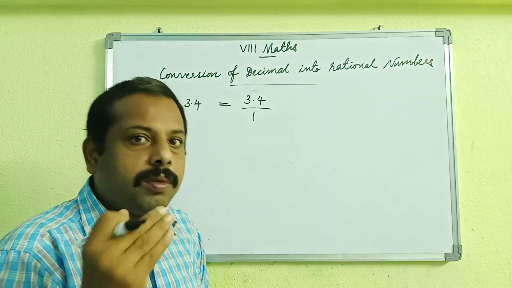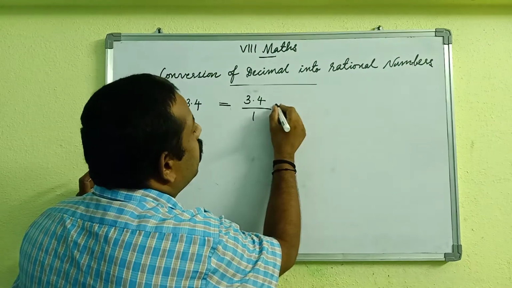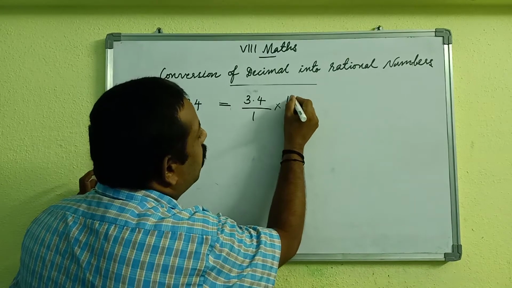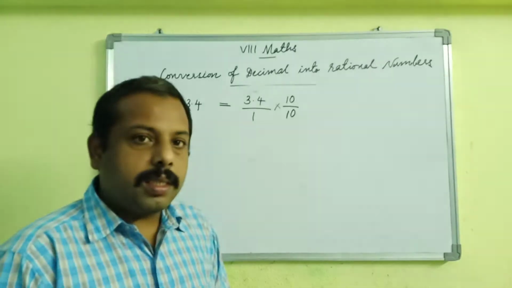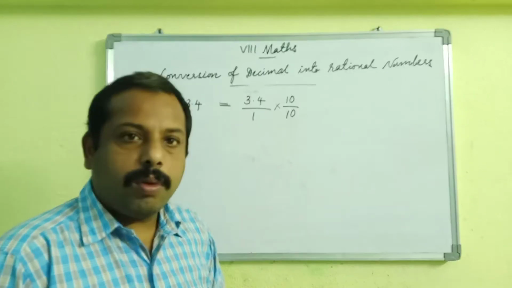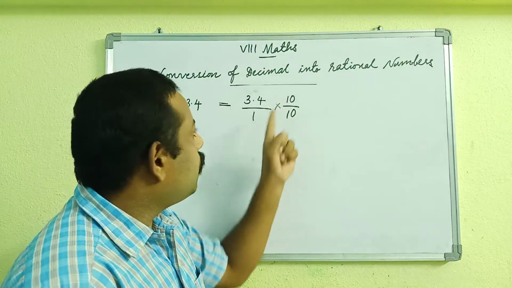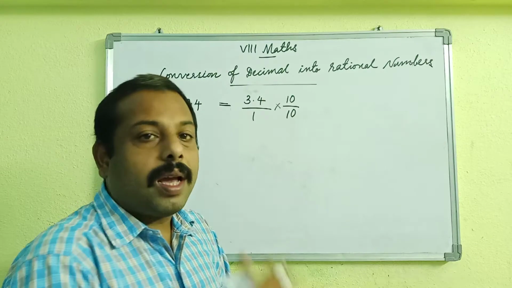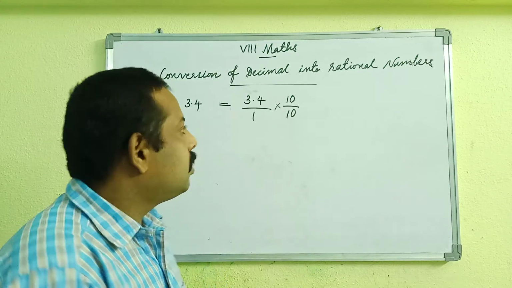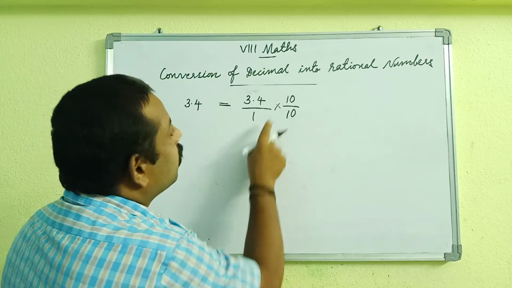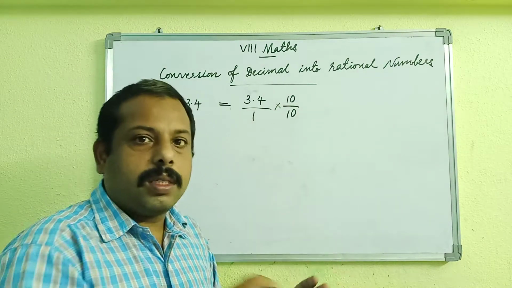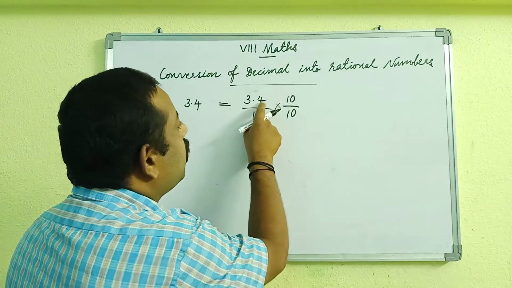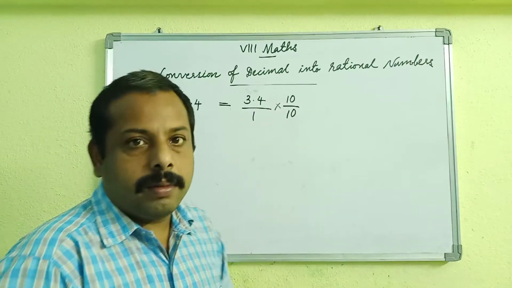So as you have one decimal place, multiply both the numerator and denominator by 10. Why 10? According to the number of decimal places, we put 1 and as many zeros as the number of decimal places. Simply speaking, if you have one decimal place, you multiply by 10.